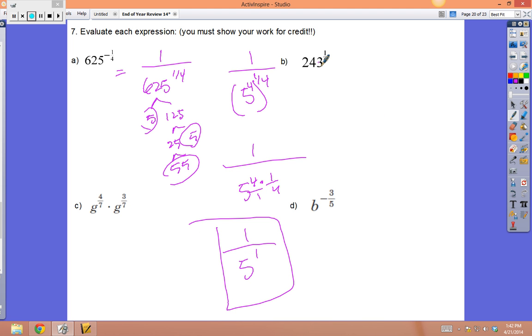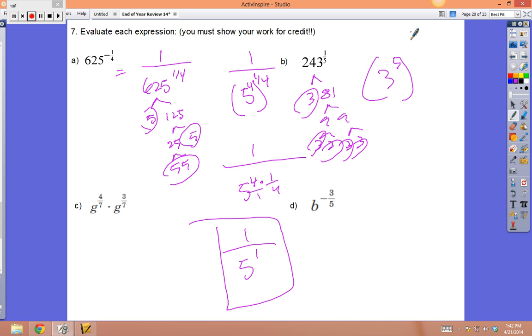Okay, 243 to the 1/5. It's the same thing. Let's bust up this 243. 243 divided by 3 is 81. And 81 is a 9 and a 9. And a 9 is a 3 and a 3. So 243 is 3 to the 5th raised to 1/5.